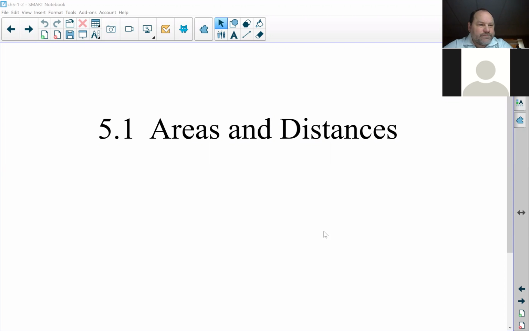And there's a good reason we did that, that you will find out here in a few days. So that took care of the areas part of 5.1. Today we're going to talk about the distances part of 5.1.